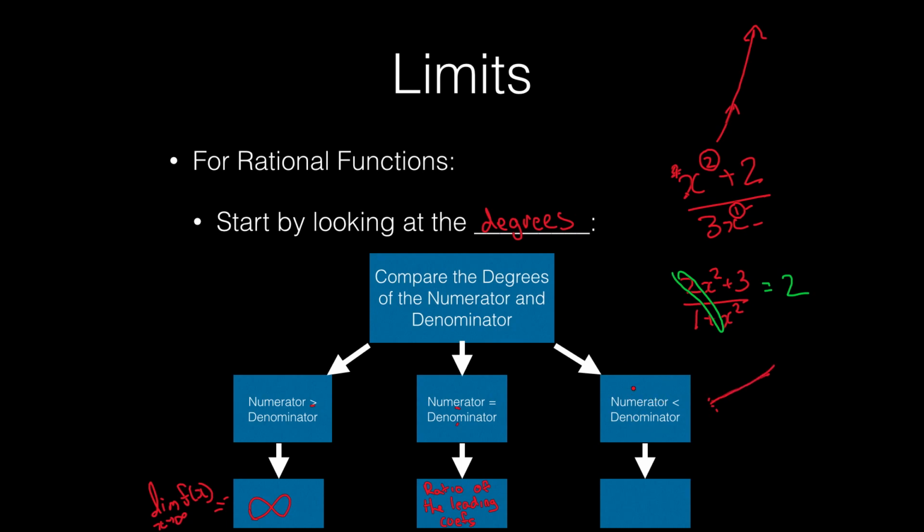Now what happens if the degree of the numerator is less than the degree of the denominator? For example, in 6x over 3x squared minus 1, the answer would be 0. Again, think about this intuitively.